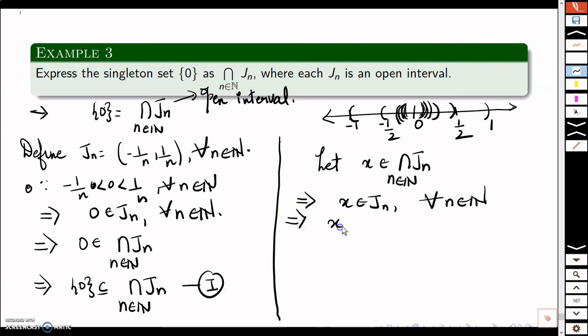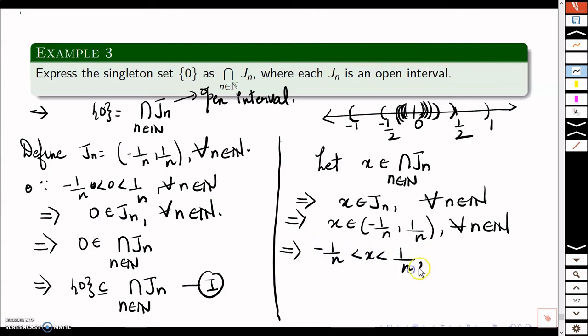This means Jn is (-1/n, 1/n). So x belongs to this open interval for each natural number n, correct? If it is there in this interval, it should lie between -1/n and 1/n for all natural numbers n, right? Then only the point x will come in this open interval.